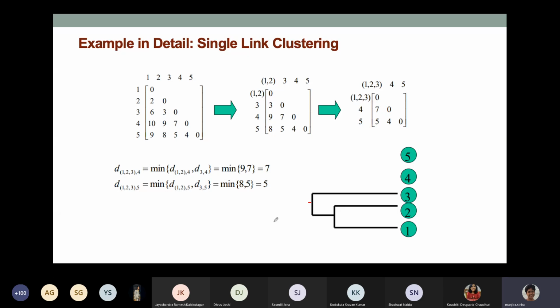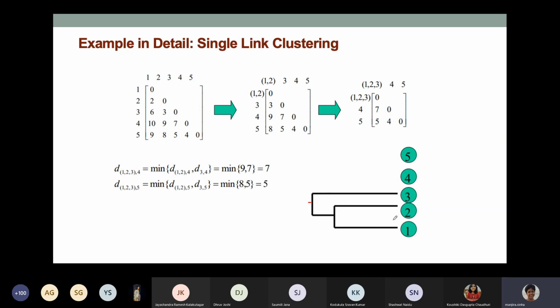Okay, so now my cluster is D123. So now my matrix gets transformed like this. See, at the first stage, I had in my matrix all the nodes as a single entity, a single row and single column.